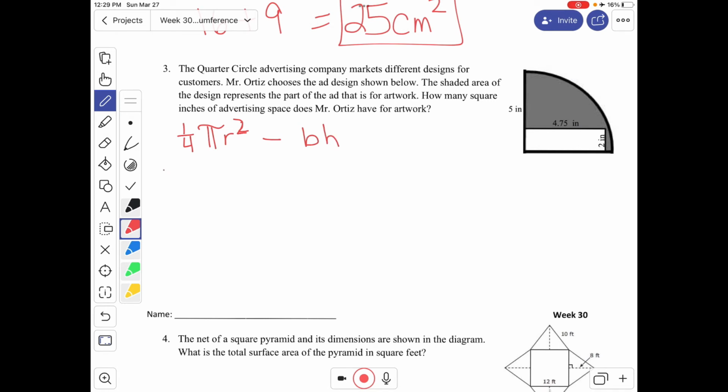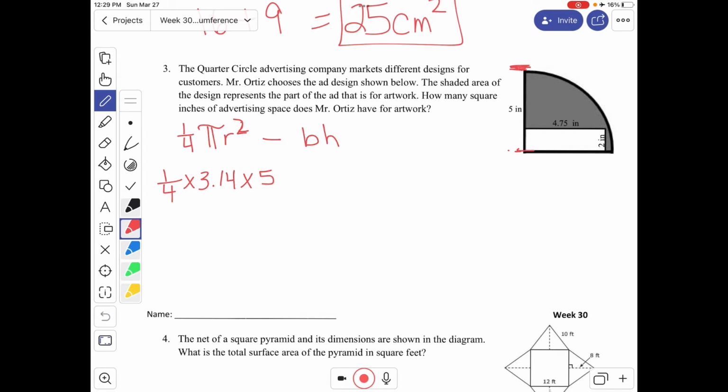Now let's plug in some of the numbers. 1/4 times the number you're supposed to use for pi is usually 3.14 times radius squared.